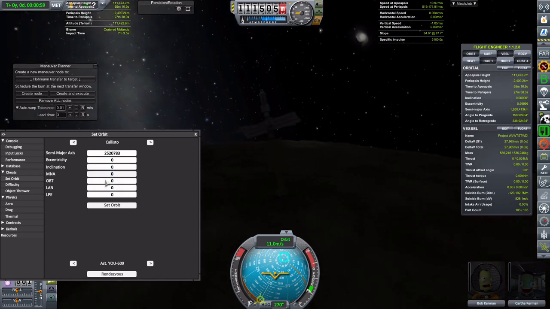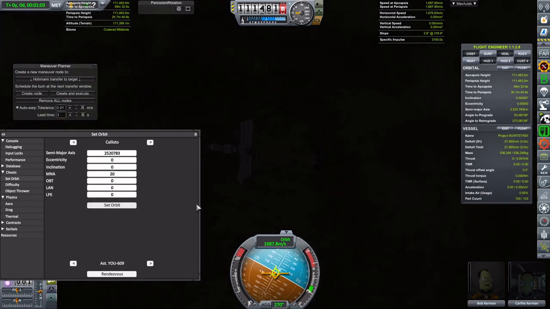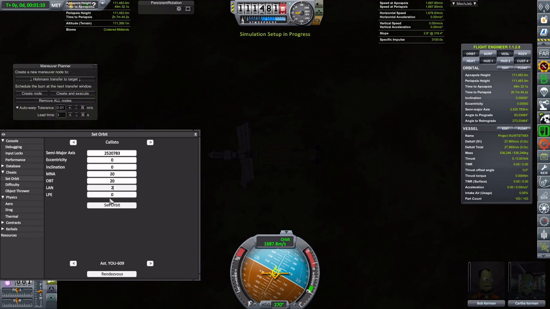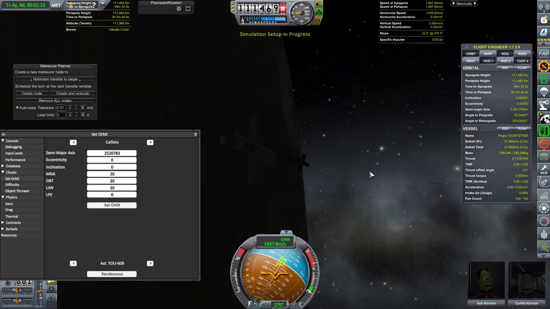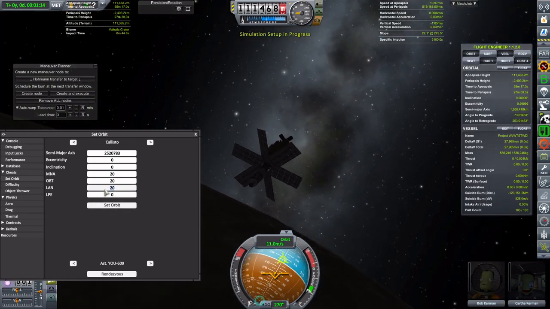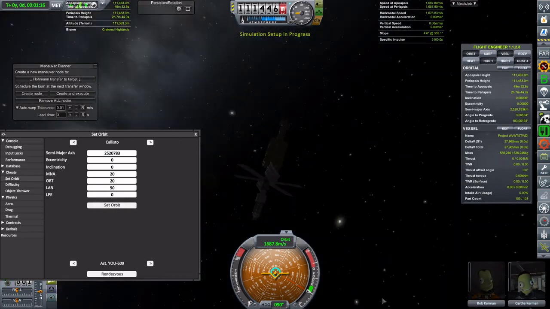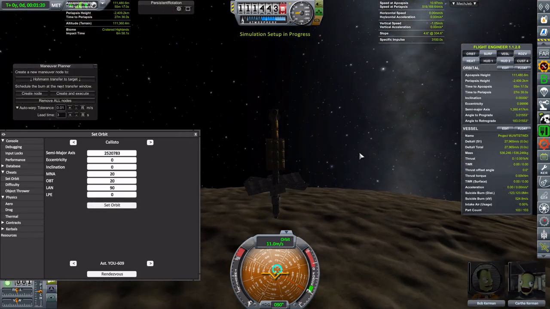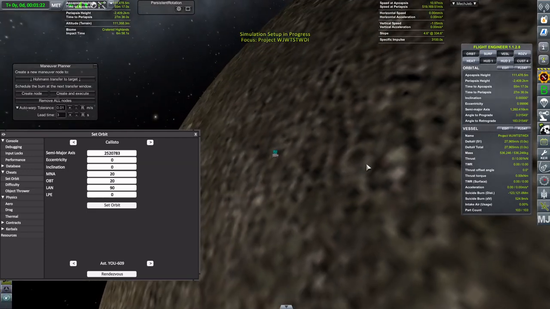I wonder. Trying to get to the day side, so it's easier to see Callisto, the surface.